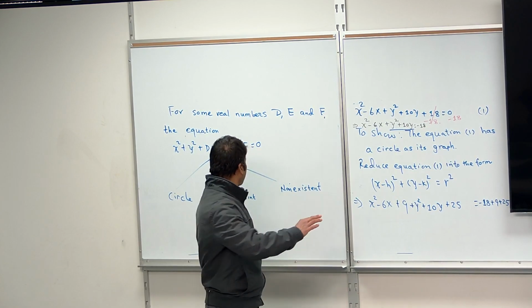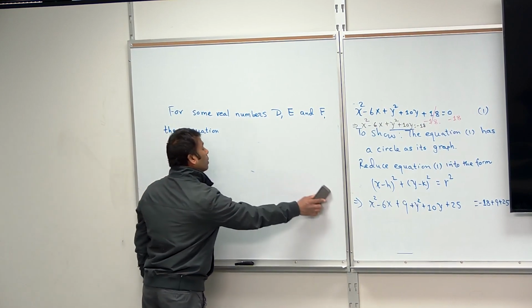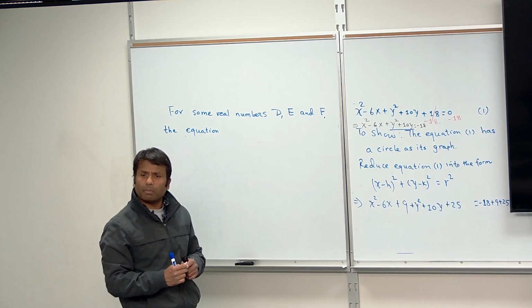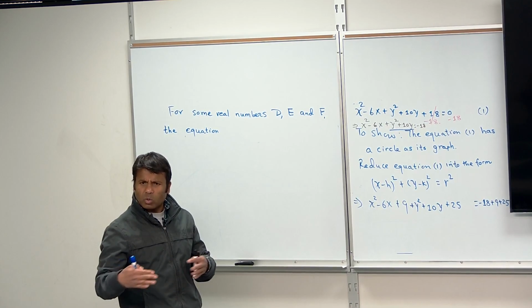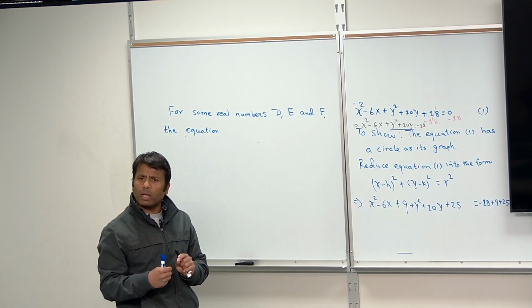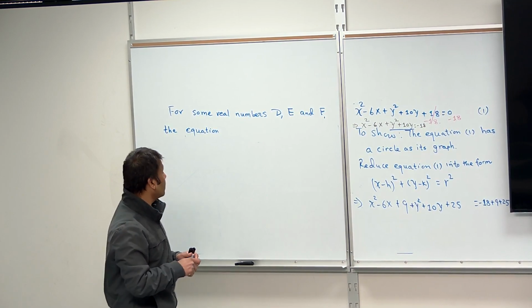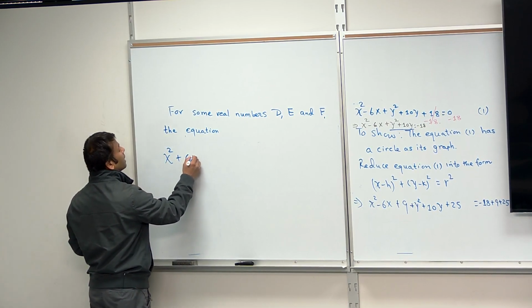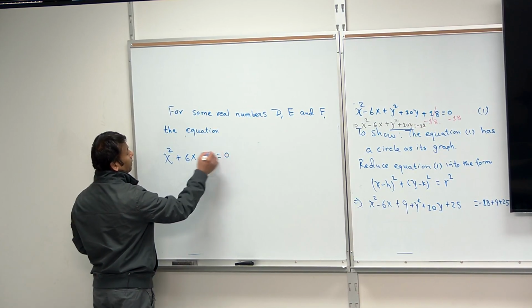You remember when you try to solve a quadratic equation by using the completing the square method? Sometimes you cannot solve a quadratic equation by the factor method. For example, let's say you have x squared plus 6x minus 5 equal to 0.